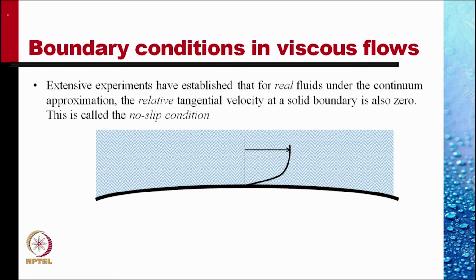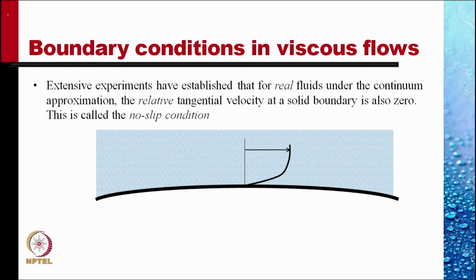When the density of the fluid is so low that the body dimensions are of the same order as the mean free path, then the no-slip condition cannot be applied.